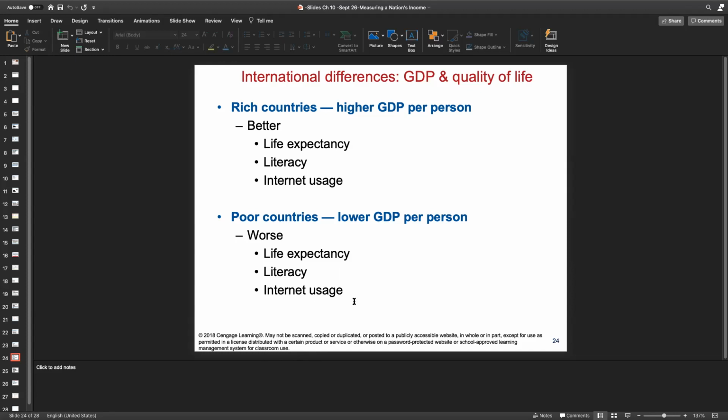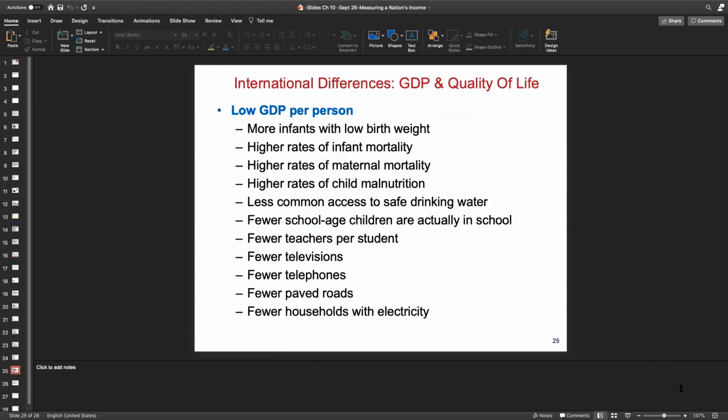So it's the best indicator of the quality of life. We can say that in terms of life expectancy, literacy, internet usage at this time.